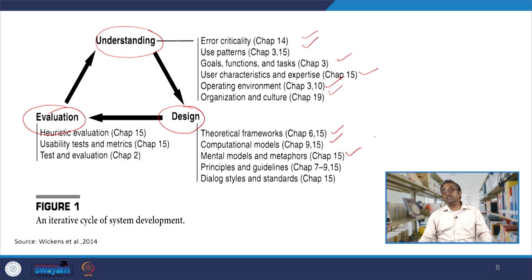Metaphors can provide an easiness with which the information can be encoded easily. Principles and guidelines, dialogue styles and standards. What kind of dialogue style is required, what kind of principle is applied here, those things we can list. Later on, heuristic evaluation, usability test and metrics, test and evaluation.